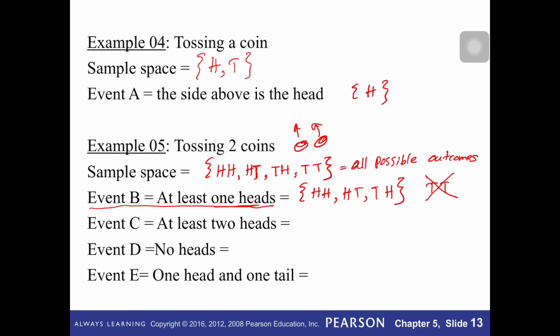Event C, at least two heads, which means 3, 4, 5 heads would be possible, but in our case we have a maximum of 2, right? So at least 2 heads means the first one only. We cannot use the others, because we have only one head in those cases. Event D, no heads.